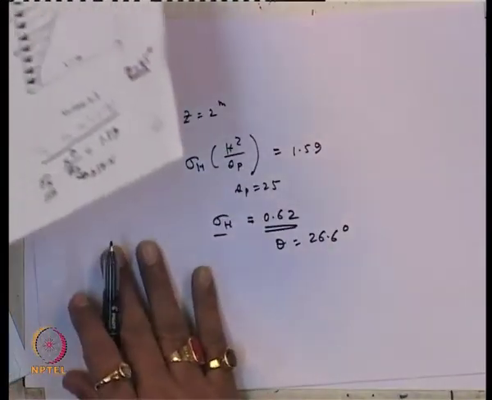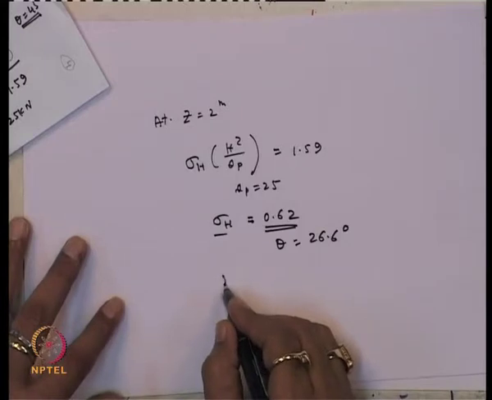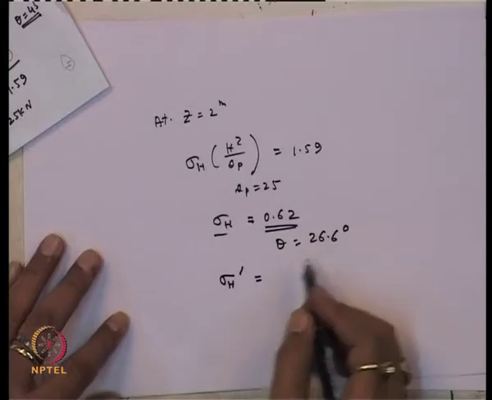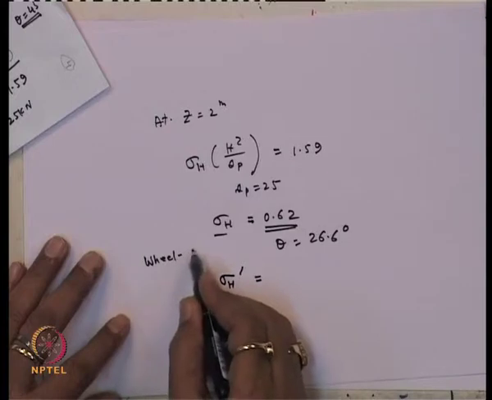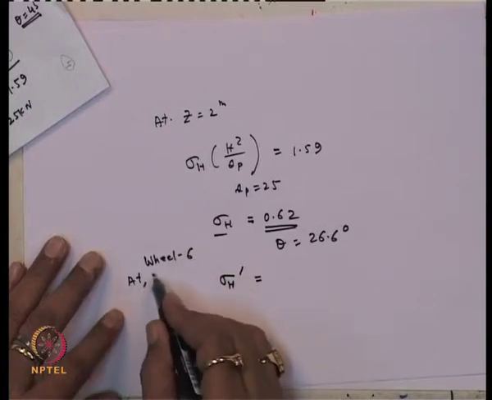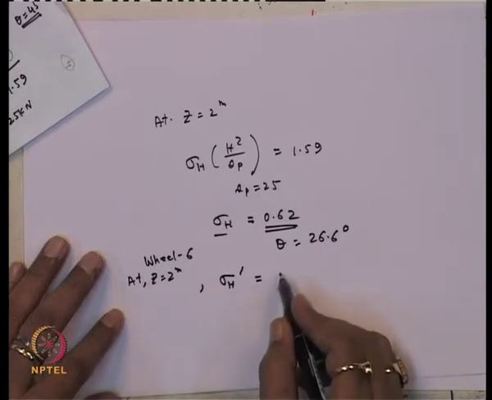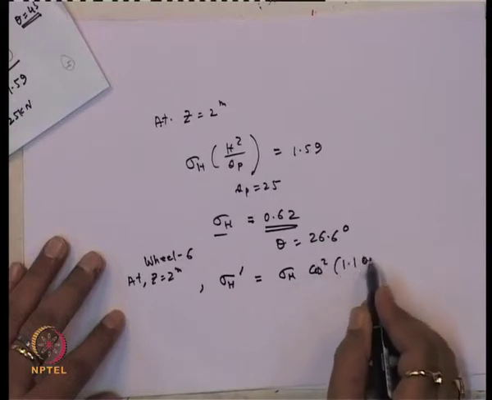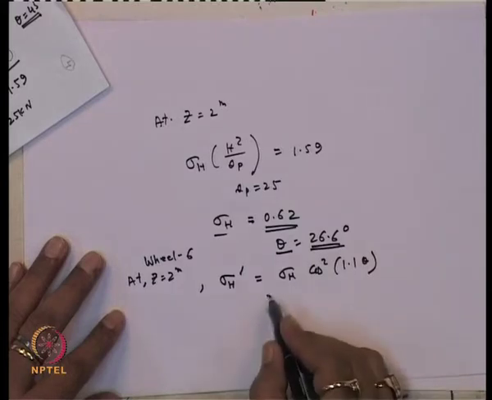So we know the equation to calculate the stress, sigma h dash, for wheel 6, let us say at a depth of 2 meter. So sigma h dash will be equal to sigma h into cos square 1.1 theta. Now theta value is known, 26.6, and sigma h value is known.